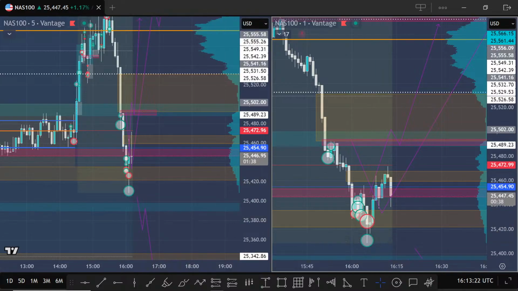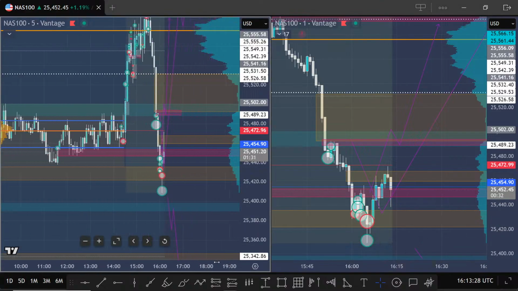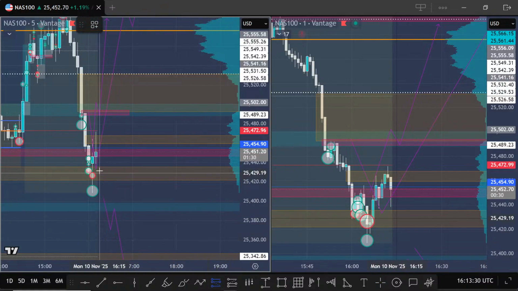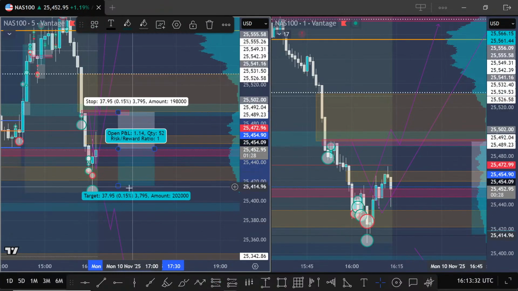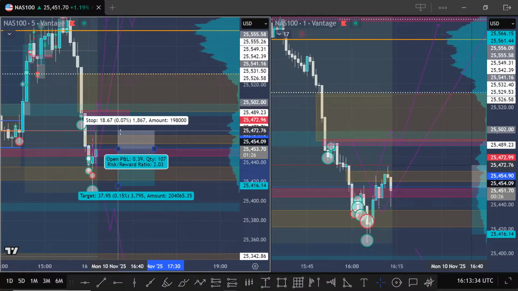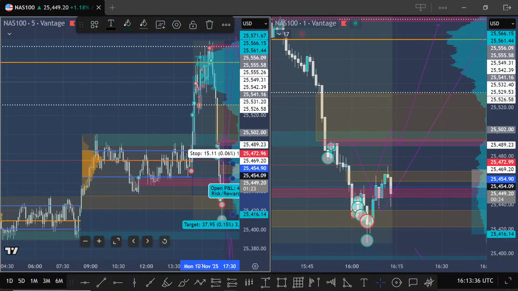So that's the retest of the low volume node.